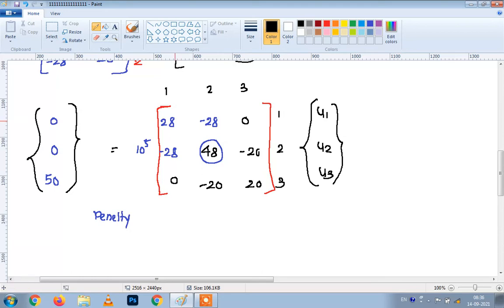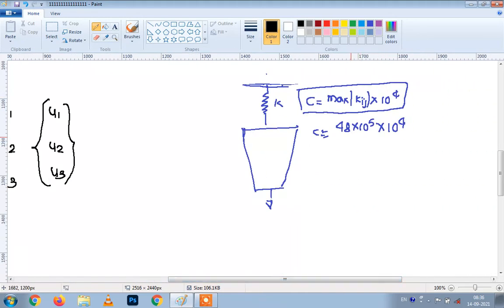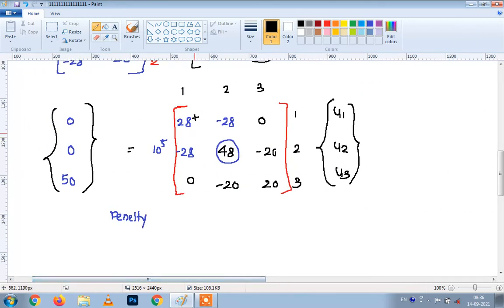So it will be 28 plus 48 into 10 raised to 4. 10 raised to 5 will be out of bracket, so it becomes 48, and adding four zeros for 10 raised to 4, this value becomes 28 plus 48 followed by four zeros.